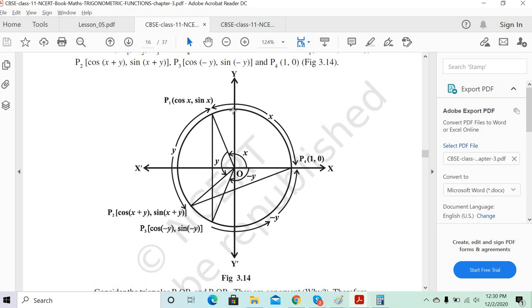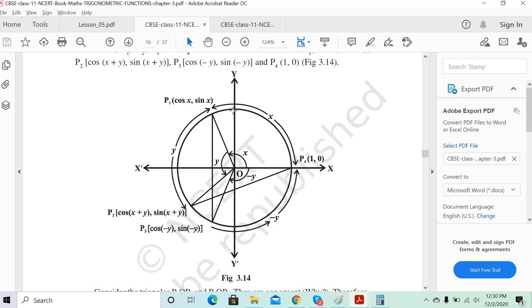Any questions in the figure? No problem. Perfect. Now what we will do is join P1 and P3, and we'll join P2 and P4. Got it?